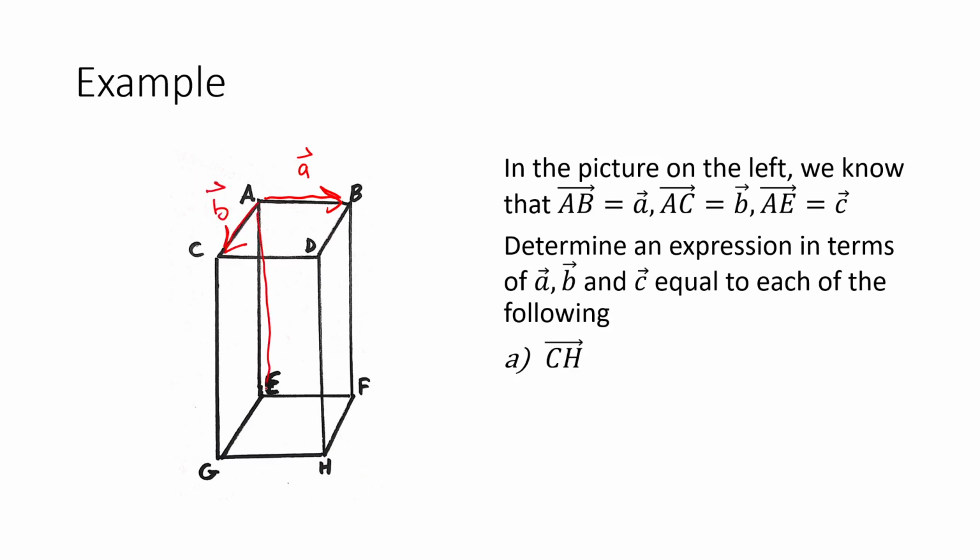And the vector AE for us will be vector small c. Well, if we think about it that way, then to go from C to H is equivalent to taking a journey of vector small c and adding a journey of vector small a. So if you'll notice, traveling down this side is exactly the same direction and same magnitude as traveling down this side.